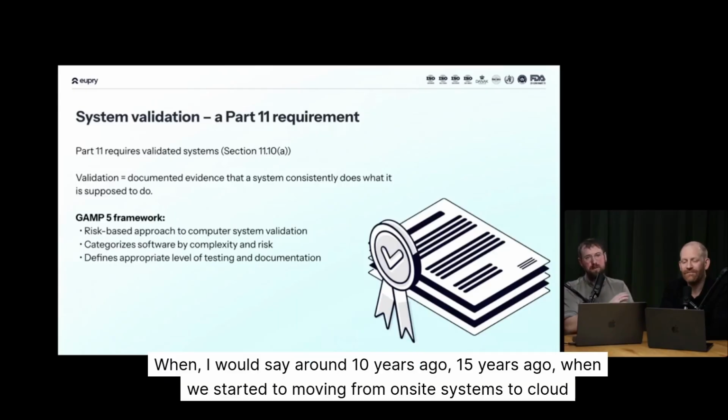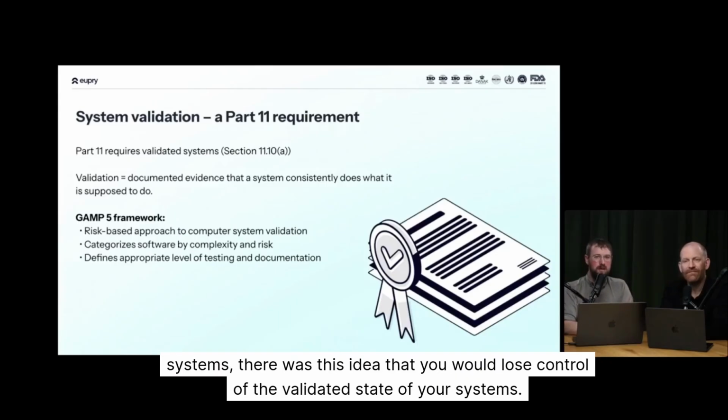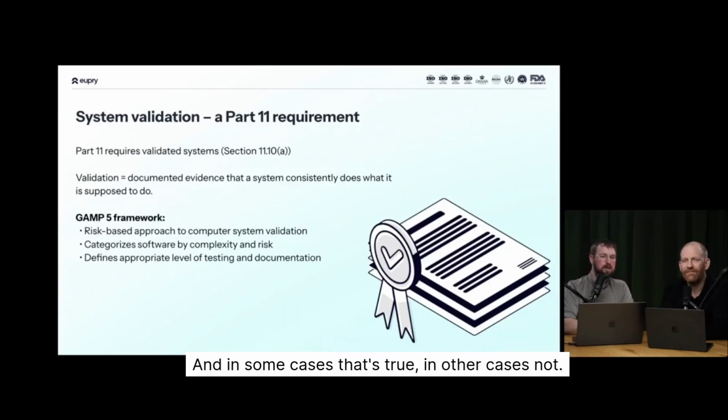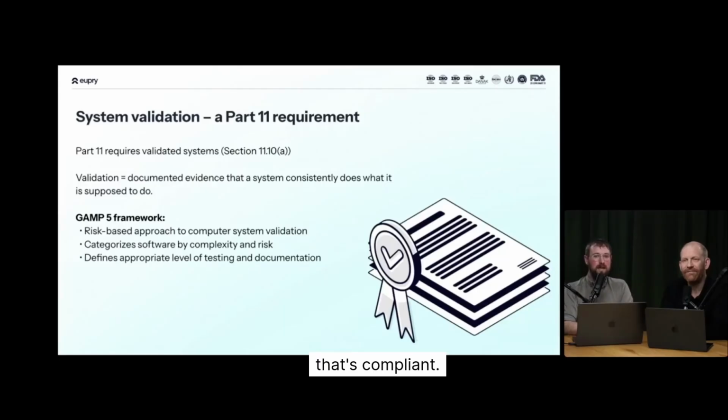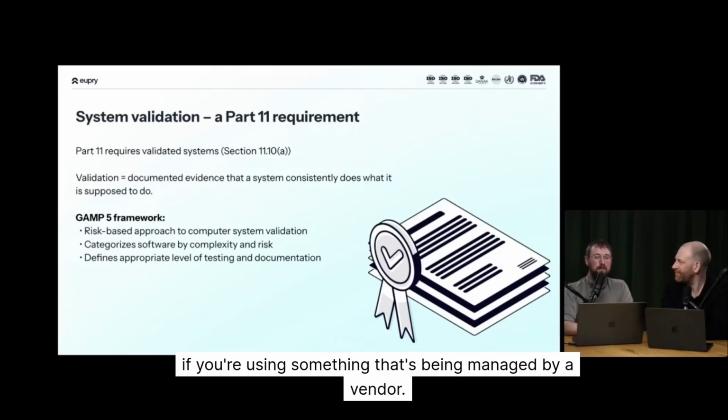Around 10 or 15 years ago, when we started moving from on-site systems to cloud systems, there was this idea that you would lose control of the validated state of your systems. In some cases that's true, in other cases not. It's really important that vendor qualification and vendor vetting is a large part of having a compliant system if you're using something that's being managed by a vendor.